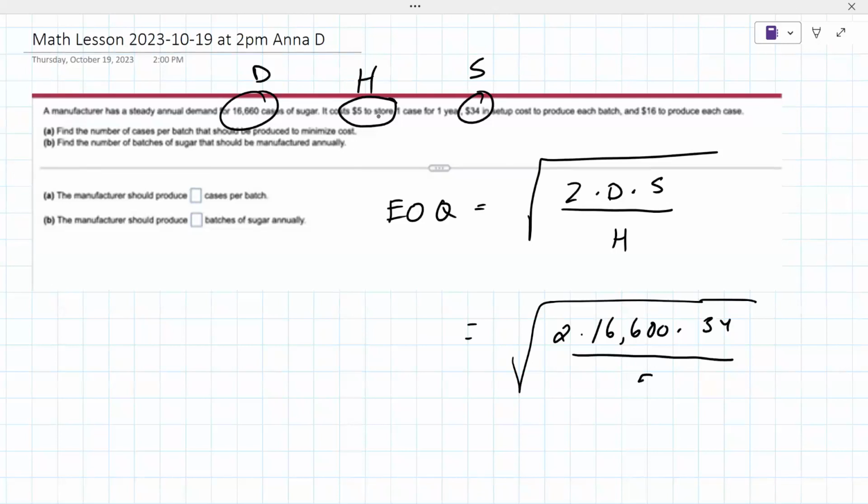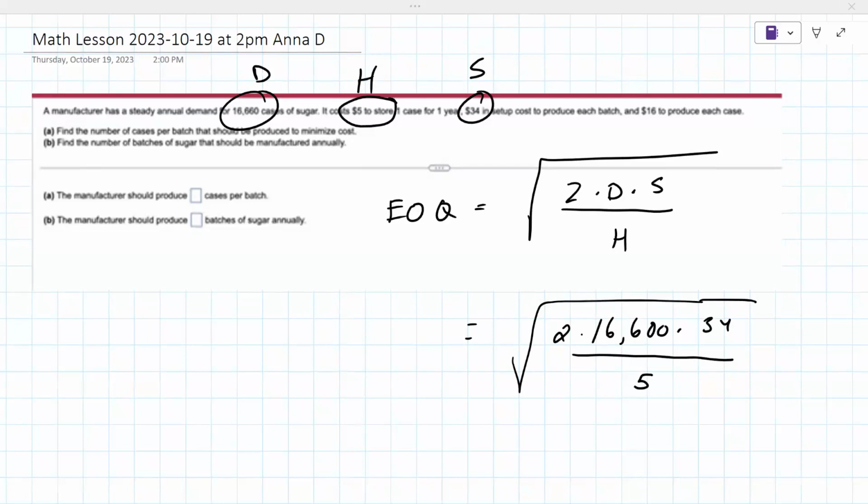So over 5. And sometimes this works out really well to a nice number. This one doesn't seem to round. No.